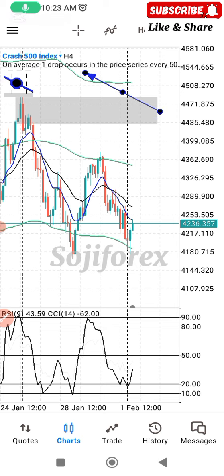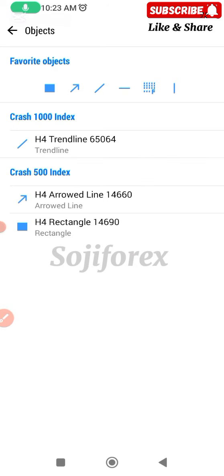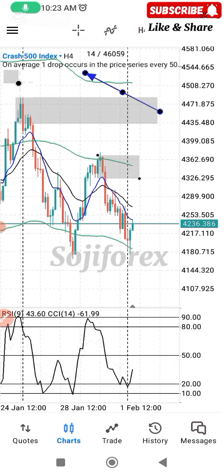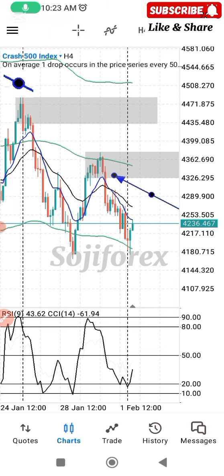And here too, we have another zone. Remember, this is the 4-hour time frame, so these zones are strong and valid zones. I will mark these particular zones the way they are now.